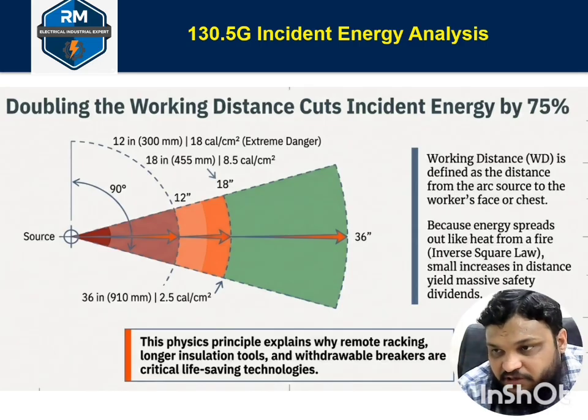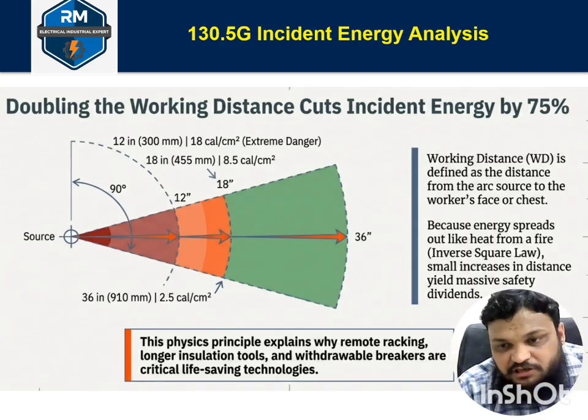So what is the working distance? As we already discussed, it is the distance from the arc source to the worker's face or chest. As a matter of fact, the energy spreads out like heat from a fire. That is the inverse square law. Small increases in distance yield massive safety dividends.